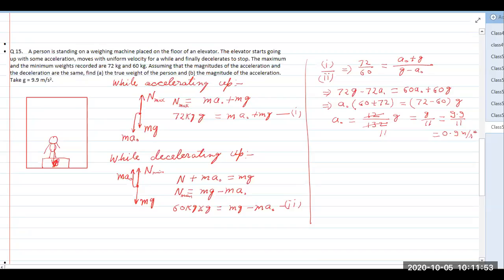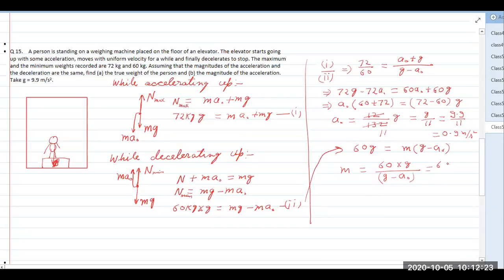Now what will be its true weight? True weight is m. We can take any of the equations. Suppose we take this equation: 60 into g equals m times g minus a0. So m will be equal to 60 into g divided by g minus a0.